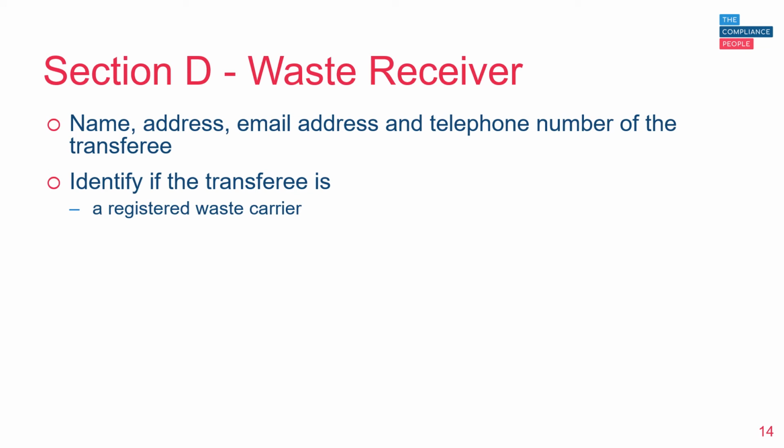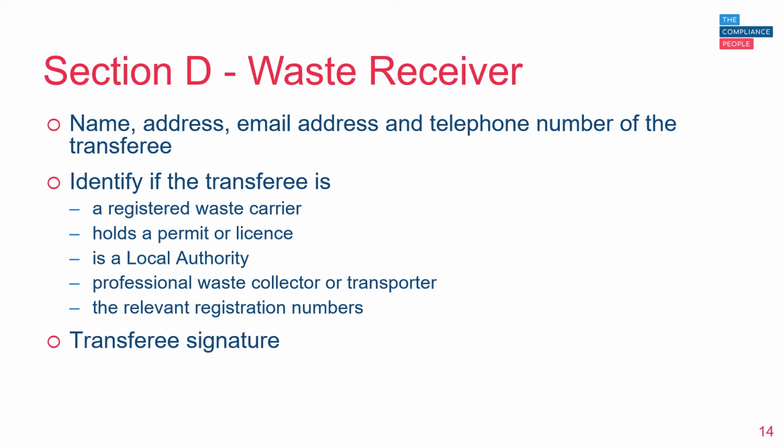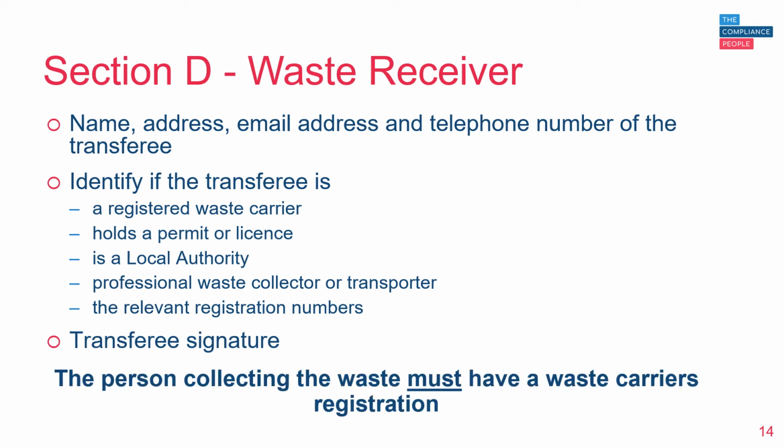You need to identify if the transferee is a registered waste carrier, if they hold a permit, license, are a local authority, a professional waste collector or transporter, and any of the relevant registration numbers for those authorisations. In this section, you also need to have a signature from the transferee. The person collecting the waste must have a carrier's registration, and you can check this on the SIPA website using their public register.